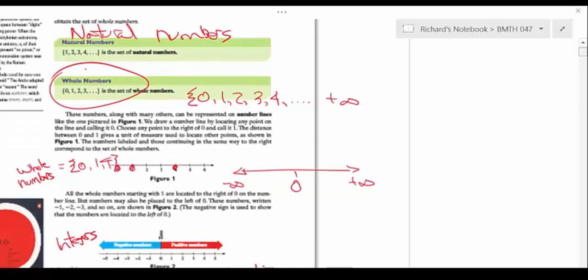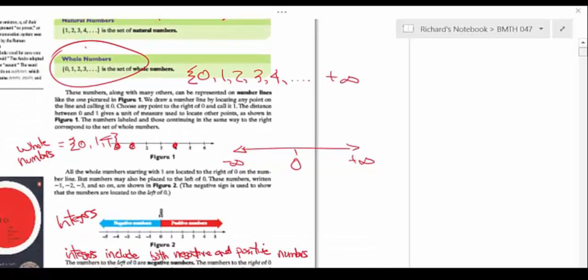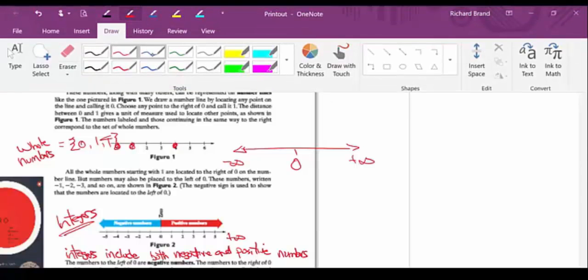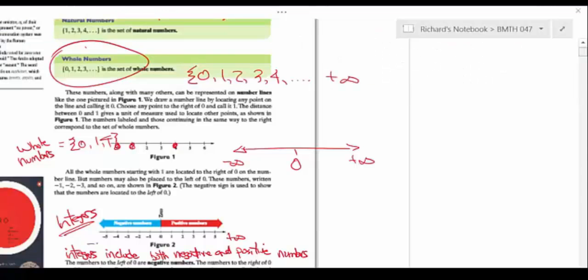Now, integers include both positive and negative numbers. If you're going to draw a number line for the integers, you draw a line, locate 0 on your number line, and then the integers go up to positive infinity and down to negative infinity.